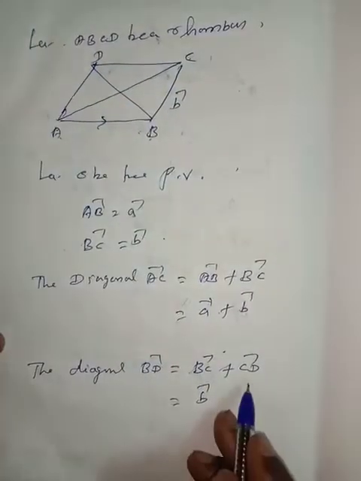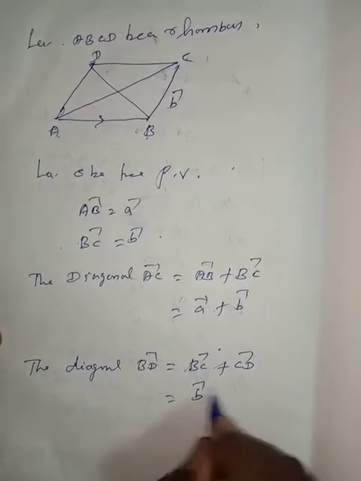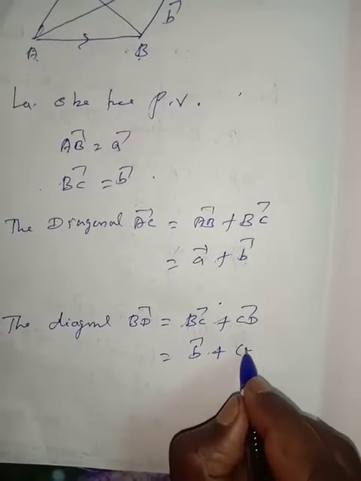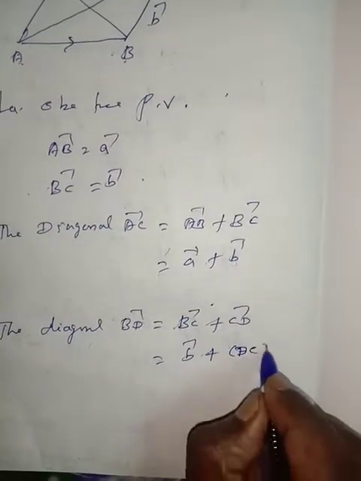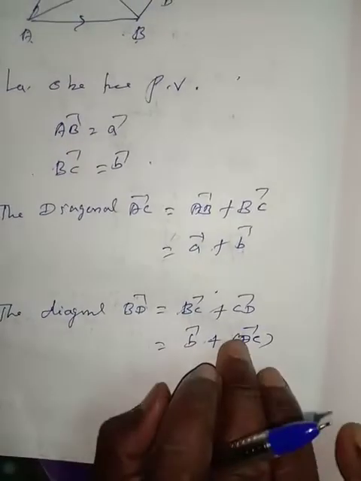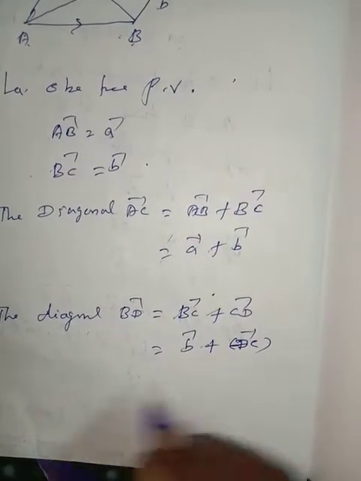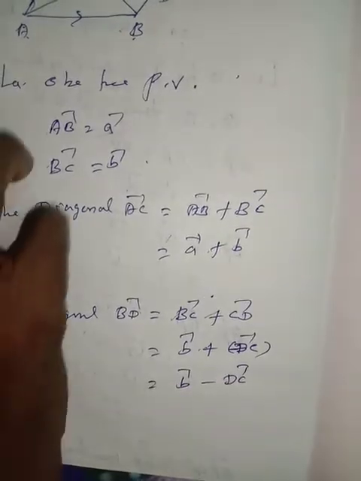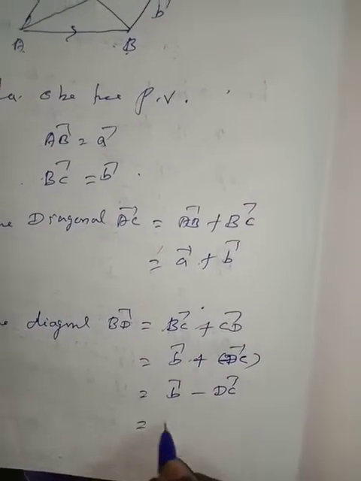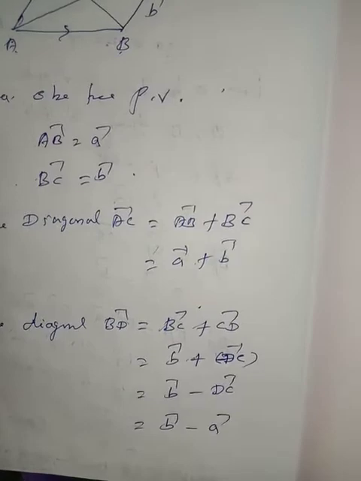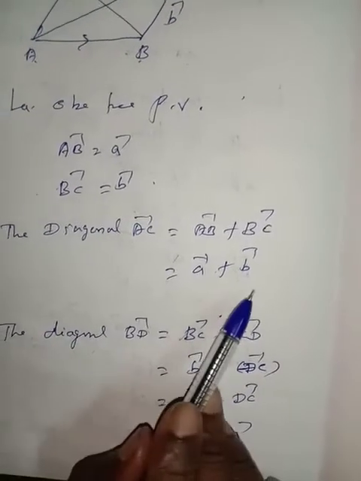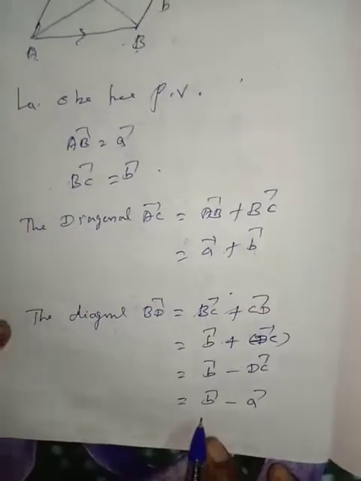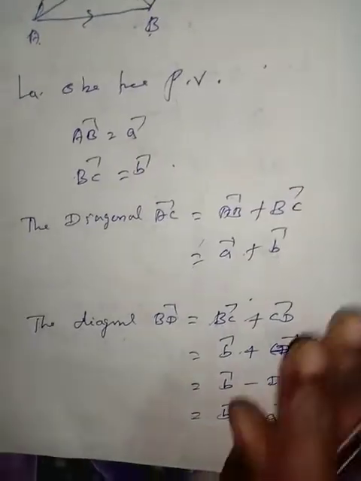CD vector, interchanging, is minus DC vector. So b vector minus DC vector. But DC vector is parallel to AB vector. Therefore, b vector minus a vector. Diagonal AC is a vector plus b vector. Diagonal BD is b vector minus a vector.